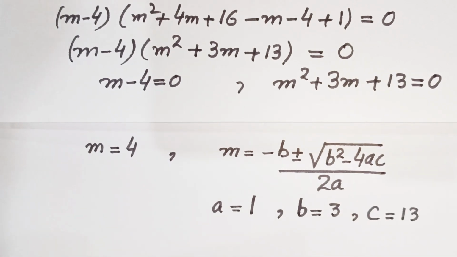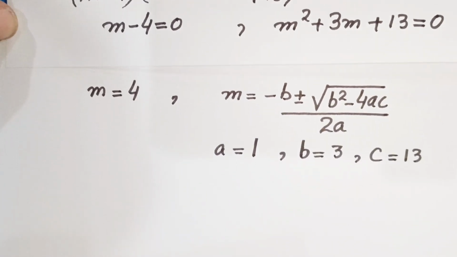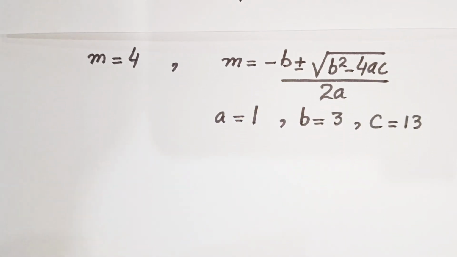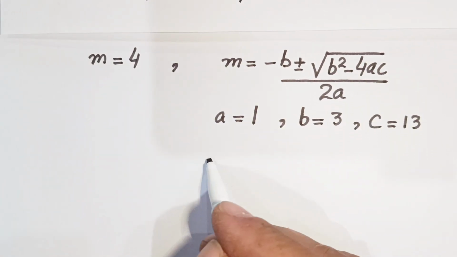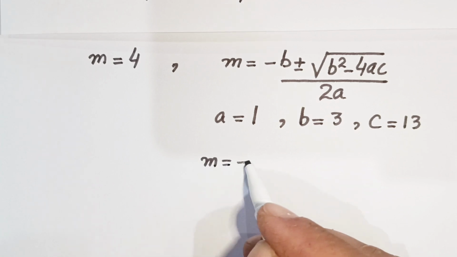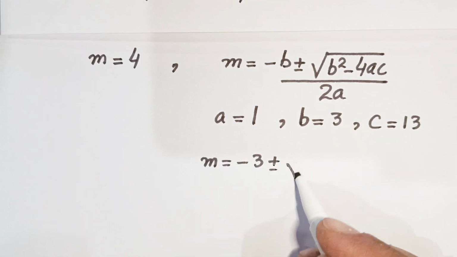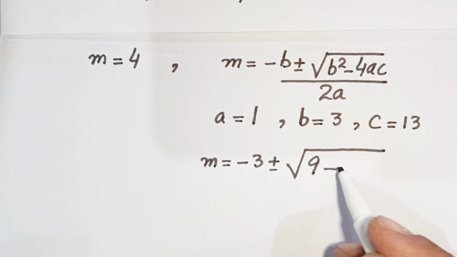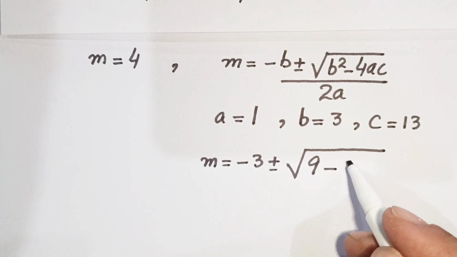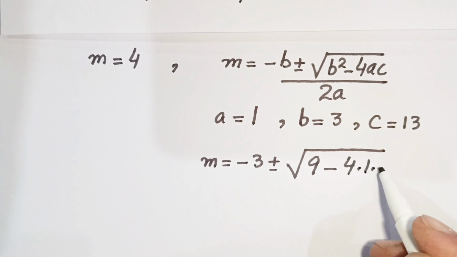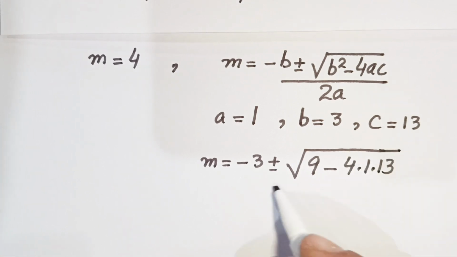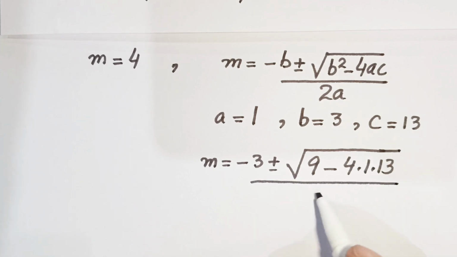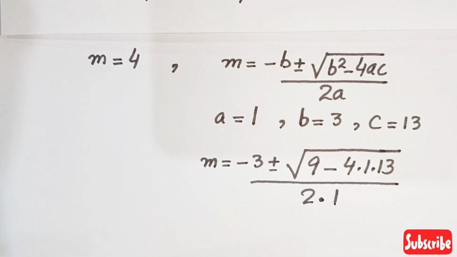Now putting these values in our quadratic formula, we have m is equal to minus 3 plus minus square root of 3 squared, which is 9, and minus 4 times 1 times 13, all over 2 times a, which is 1.